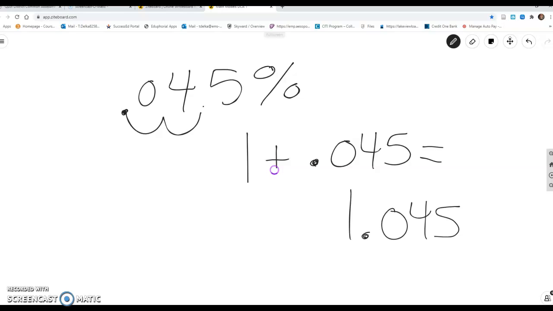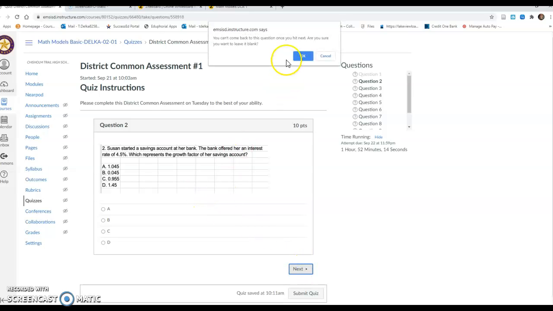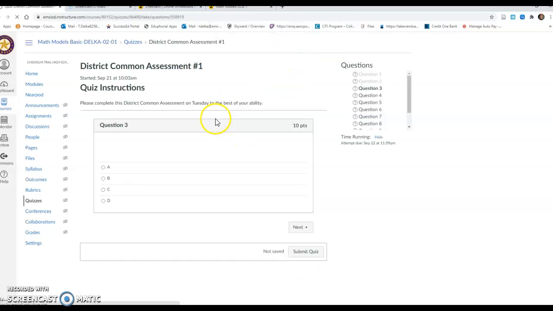So now looking at your answer choices, coming back over, 1.045. It was going to trick you. Decay would be like a subtraction. It would be over here. And then the 1.45, that's if you're not paying attention and you're just sticking your decimal wherever you feel like. But 1.045 would be the most correct answer for that one. I'm not actually going to click on it.